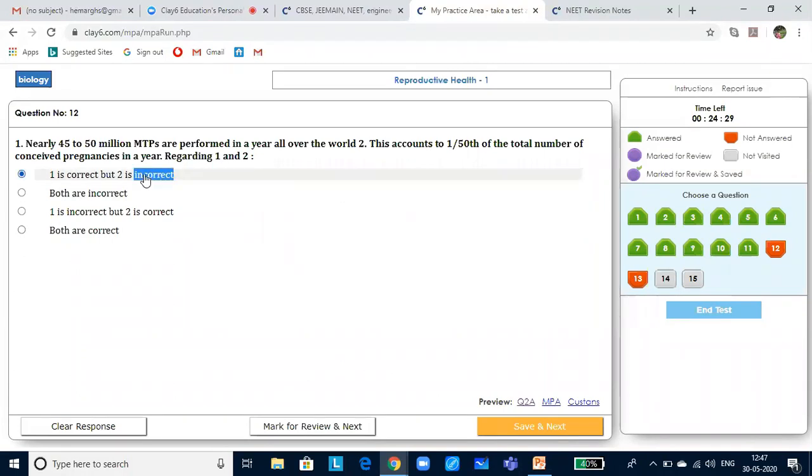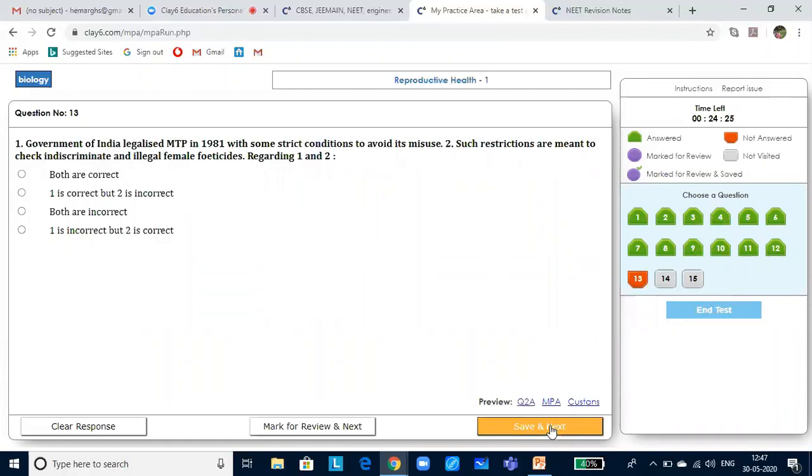It is 1/5 of the total number of conceived pregnancies. Government of India legalized MTP in 1981 with some strict conditions to avoid its misuse. Wrong. It is 1971. Such restrictions are meant to check indiscriminate and illegal female feticide. So one is incorrect.